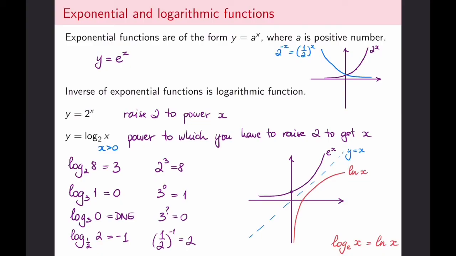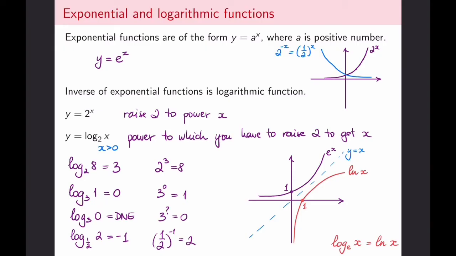For the exponential function, the y-intercept will always be up at 1 because anything raised to power 0 will produce a 1. That means that this point will get transferred to the logarithmic one that corresponds to the x-intercept of 1. And that is because, as we've seen here, raising anything to power 0 will always produce a 1.